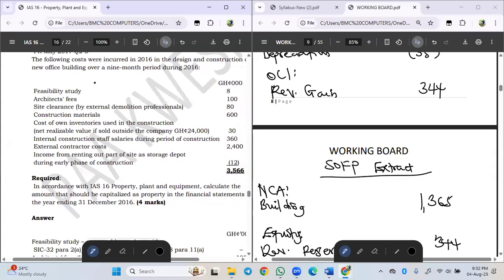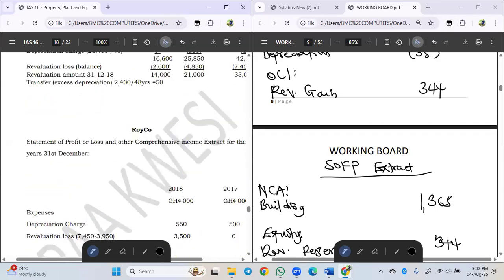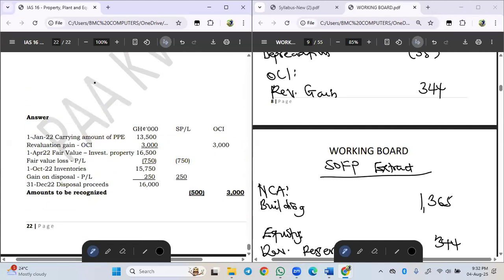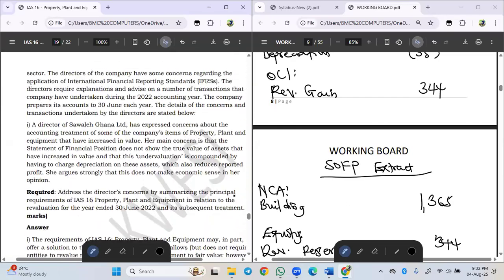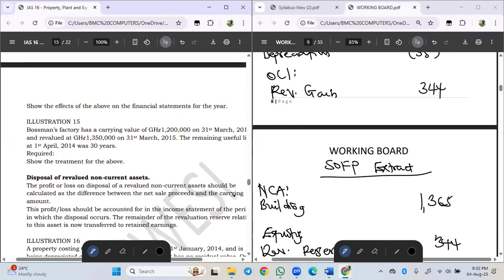Then maybe the past question, which we have answers to, so you can go through on your own. Then we move on to IAS 40. I'll send this one and IAS 40. I think we can finish IAS 40 on Thursday and also start with IAS 2 inventory.